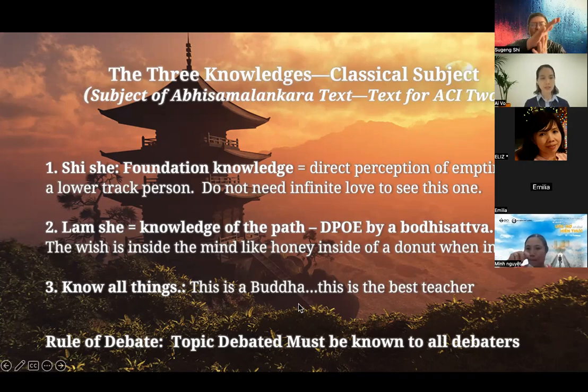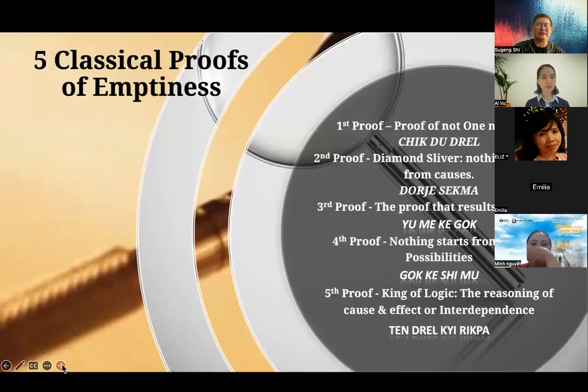Of course, we talk about all this in the context of debate. The topic debated must be known to all defenders, all debaters. There are traditional five classical proofs of emptiness. You can see the names here. Proof of not one nor many, Chik-tu-drel. Diamond sliver, on nothing can come from causes, called Dorjes Segma.